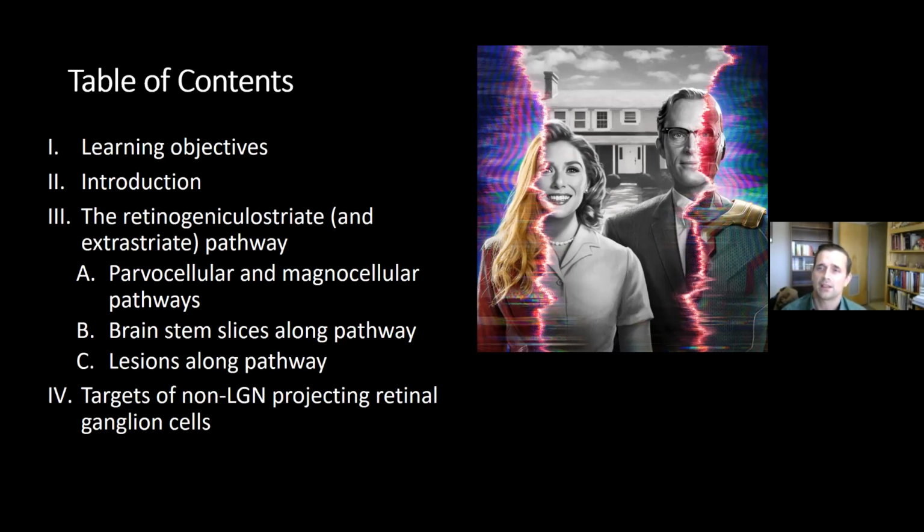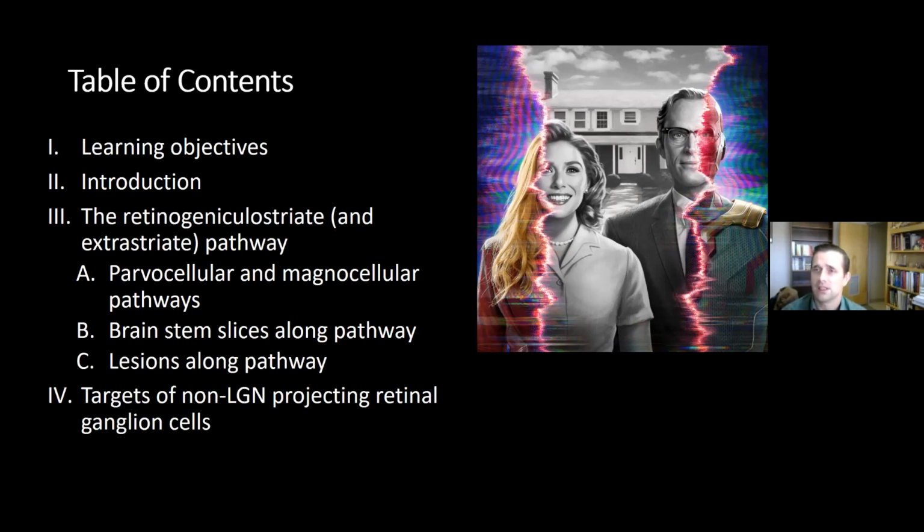We'll look briefly at some brainstem slices. You won't need to know the detailed anatomy of those, but I'm going to show you where those structures are located in the brain when you're thinking about the brain in different orientations.